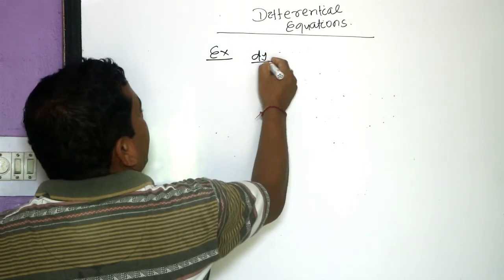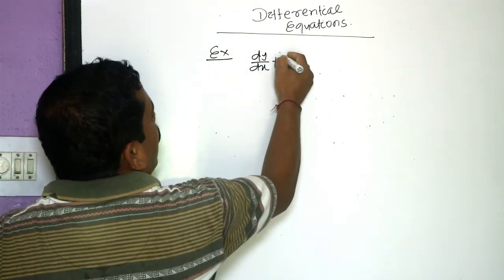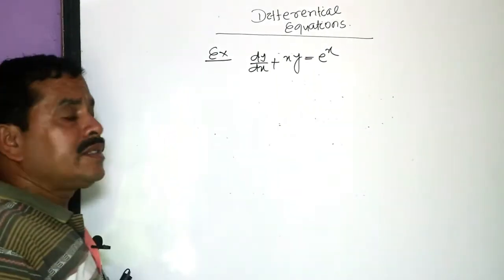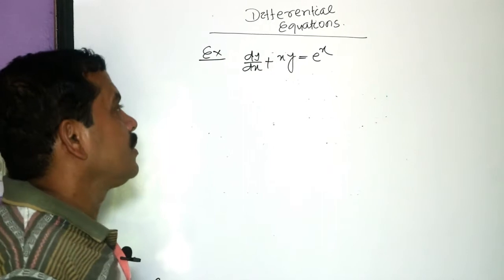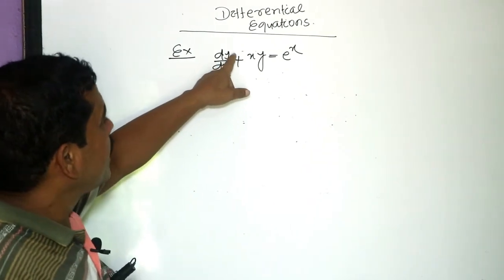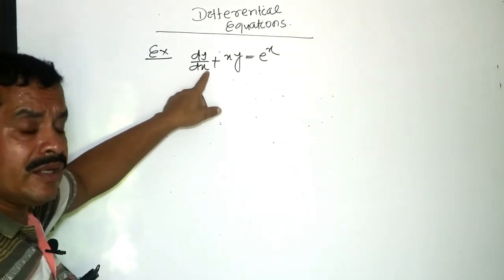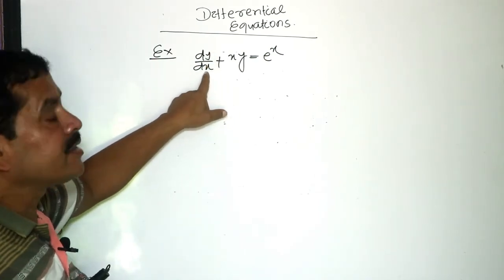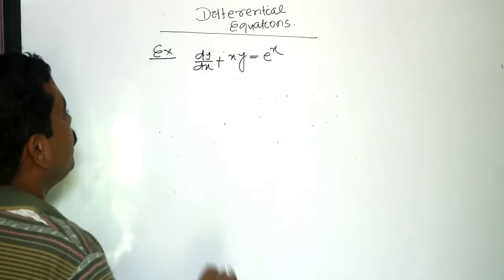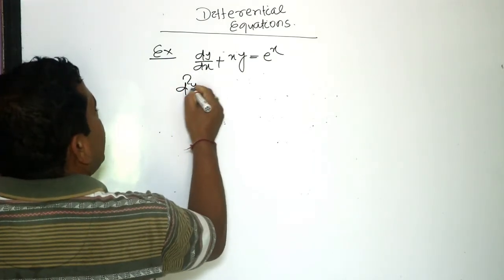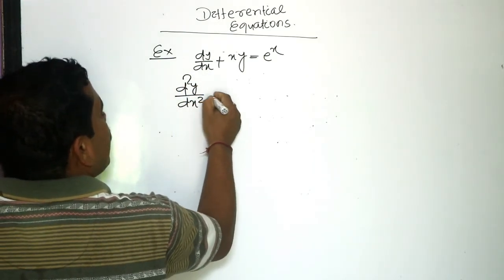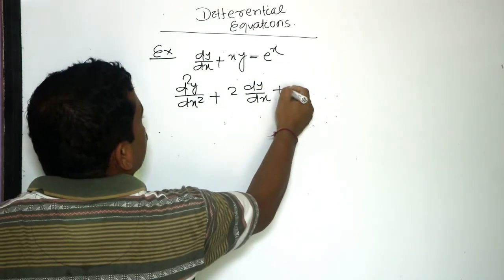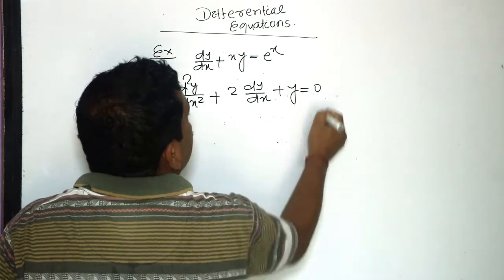Some examples. dy/dx + x y = e^x. This is a differential equation because here the derivative of y with respect to x is involved in the equation. Here y is the dependent variable, x is the independent variable. d²y/dx² + 2 dy/dx + y = 0.